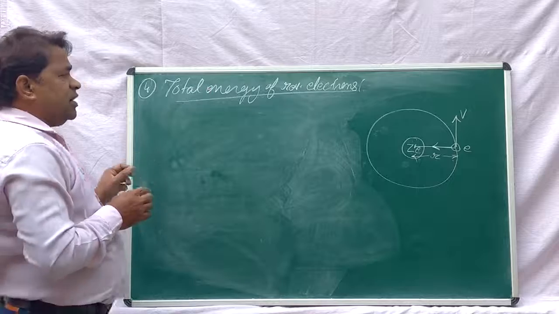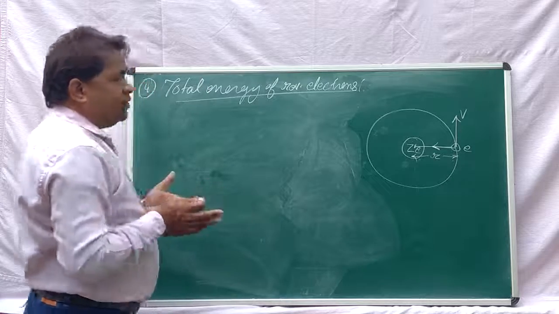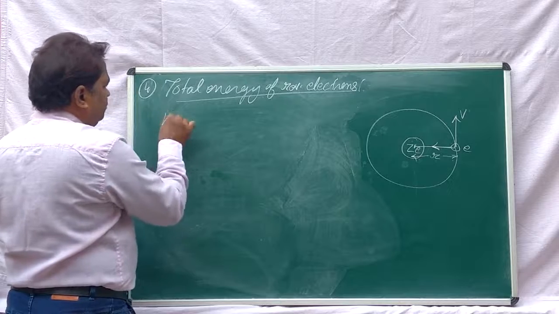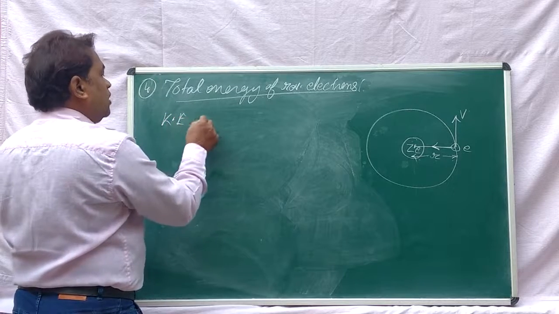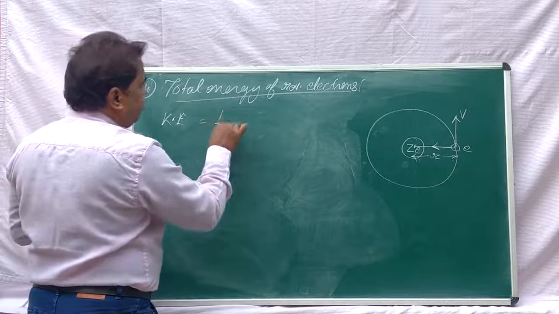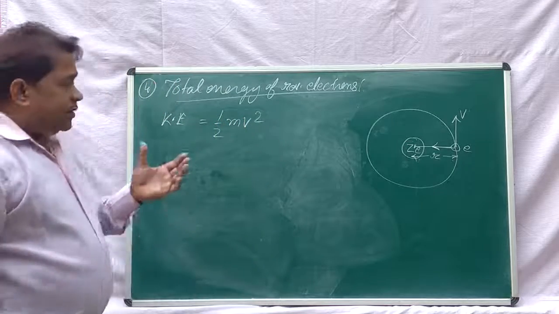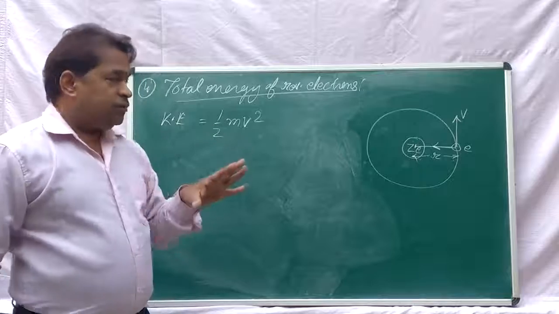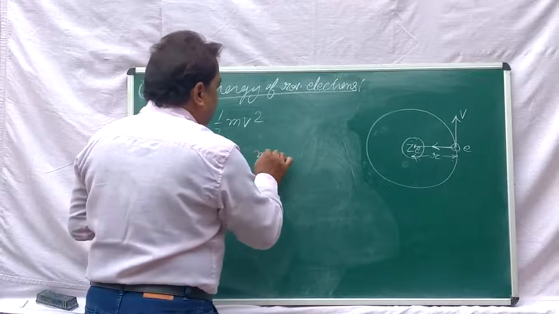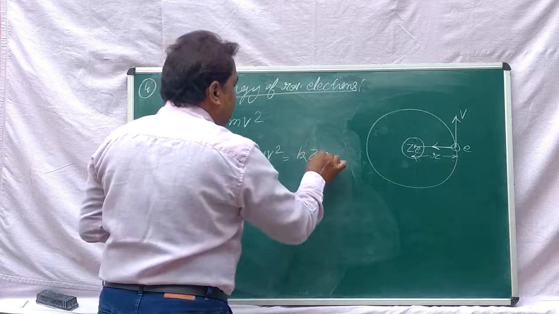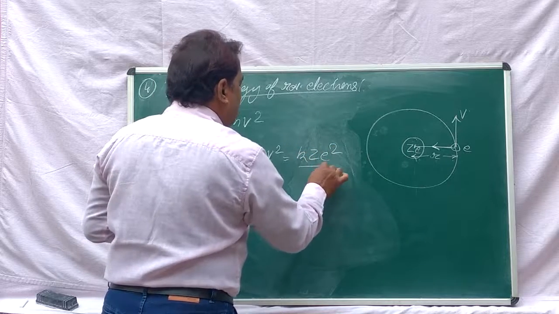So here we can say now the kinetic energy of the electron. Kinetic energy can be written as half mv square, but according to the first postulate, mv square upon r is equal to k z e square upon r square.